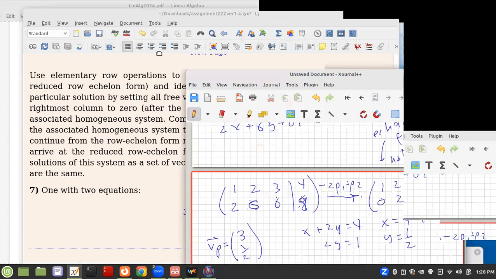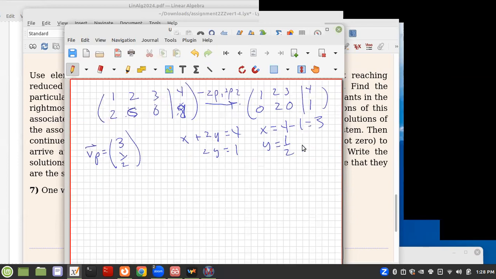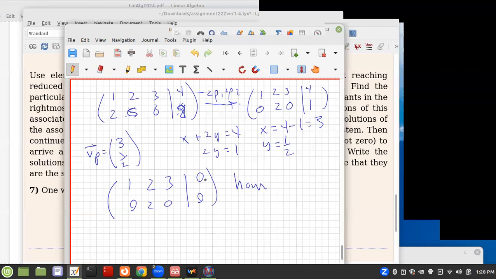Then you go back and you say, okay, well, look, instead of setting that to 0, let's solve the homogeneous form, which is 1, 2, 3, 0, 0, 2, 0. So this is the homogeneous form where I haven't set z to 0, but I've set the constants to 0. Then I'm going to have x plus 2y plus 3z equals 0 and 2y equals 0.